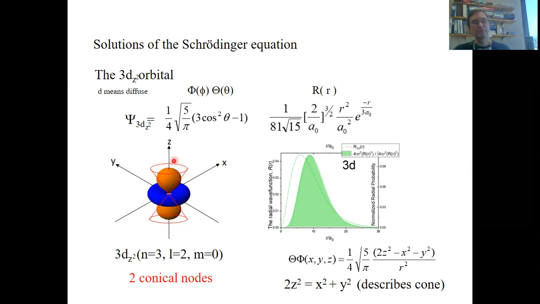You see here two cones that are separating the two orbital parts that have different algebraic signs. Here, these two lobes on top, above and below the xy plane, have the same algebraic sign, and this toroid here has the opposite algebraic sign.